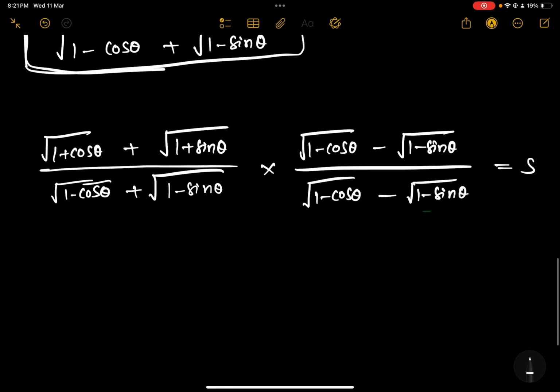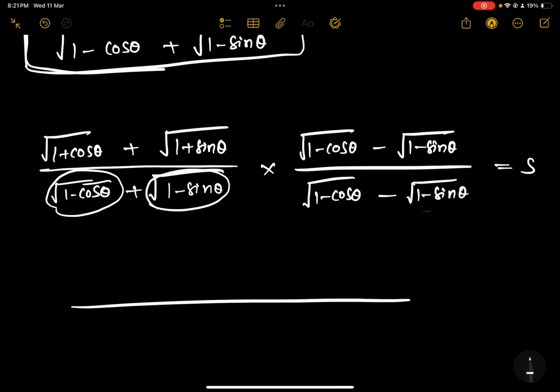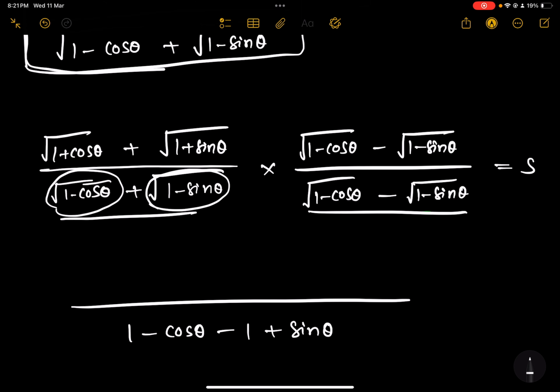Now if you check the denominator, if this is your A and this is your B, this is A plus B and this is A minus B, so that is A square minus B square. So your A square is 1 minus cos theta, minus B square which is 1 plus sin theta. In the numerator when you multiply this and this, you will get root of 1 minus cos square theta, but 1 minus cos square theta is sin square theta, and that is inside the root, so it is simply sin theta.